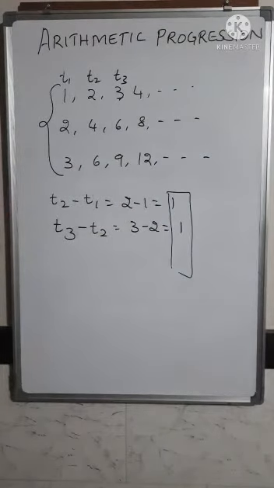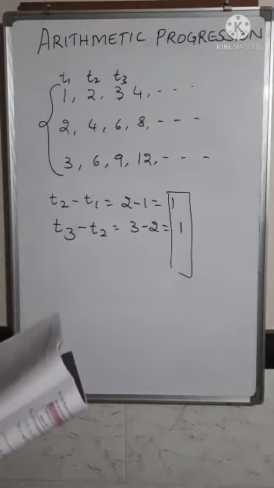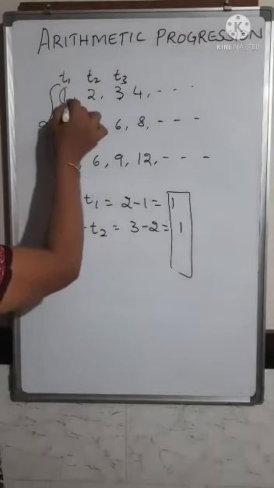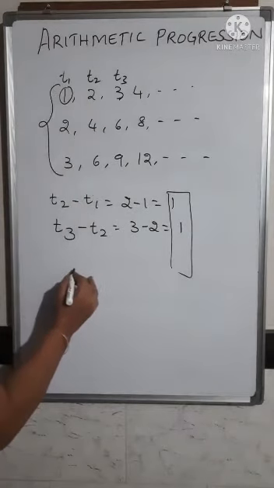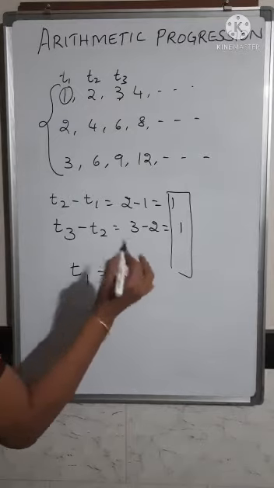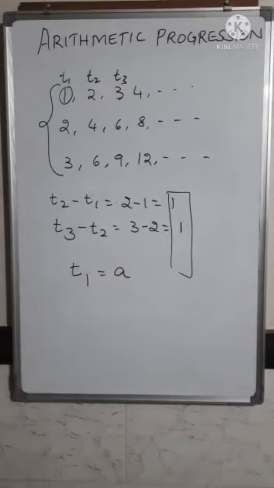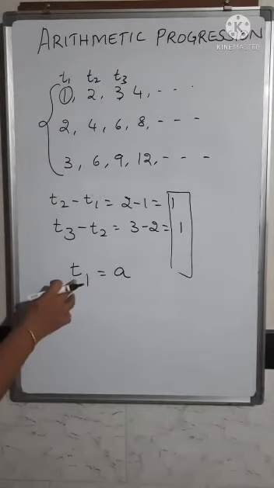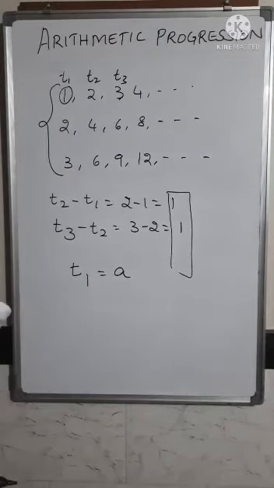Now in the arithmetic progression, the first term can either be represented as T1 or as A. A is the first term of an arithmetic progression. It can also be represented by T1.